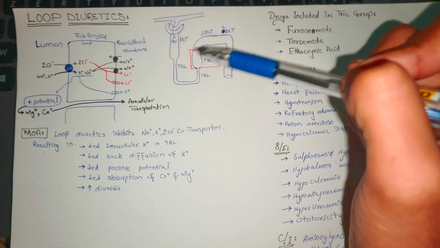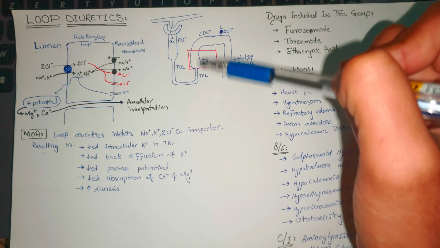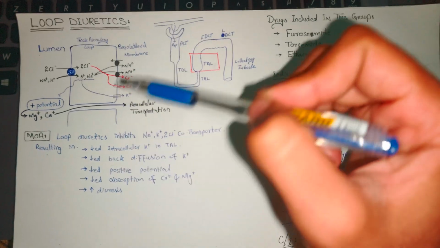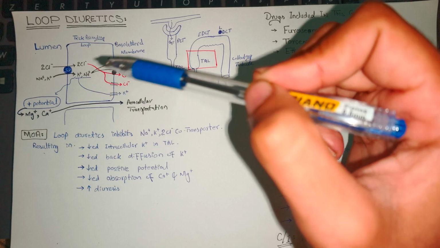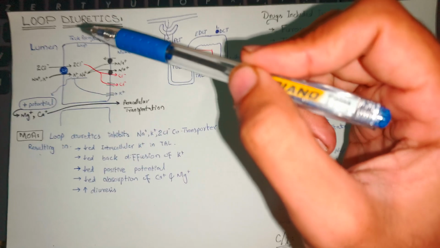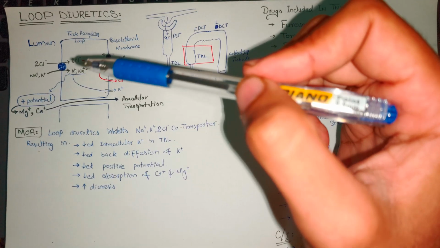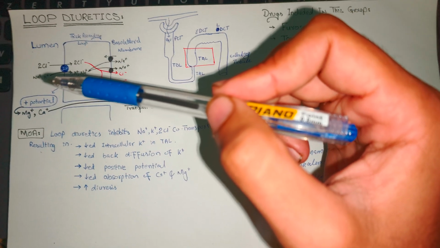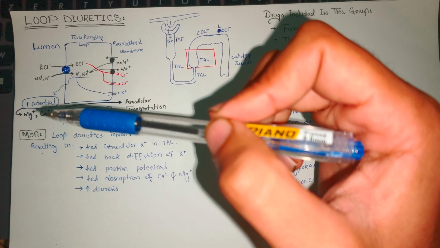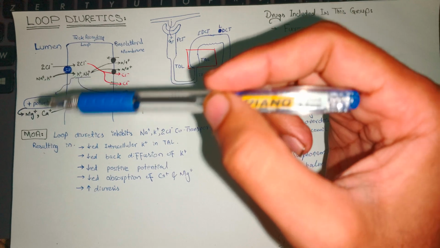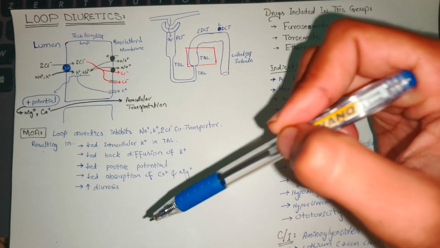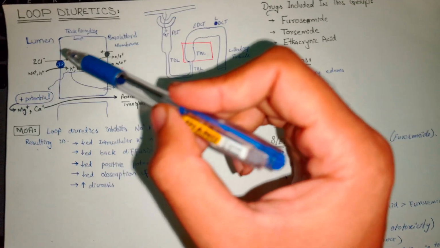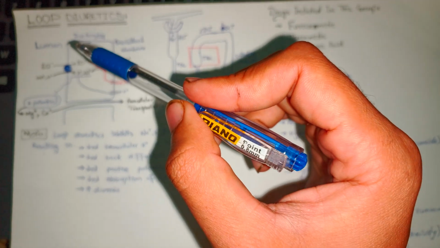So we are making this part, the thick ascending loop, big here and explaining how these loop diuretics cause potassium, sodium, magnesium, calcium and water to end up in the urine. So now let's start the topic.